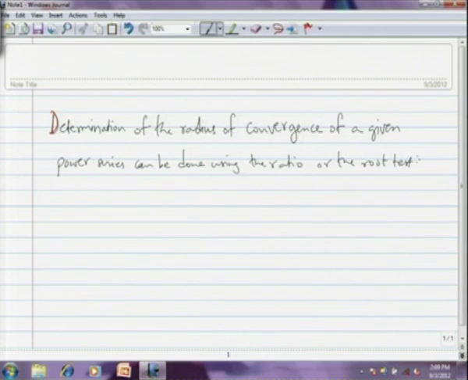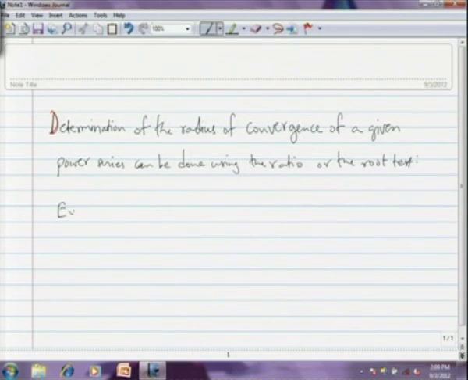So, those are two tests at least you can use to find the radius of convergence. And in case you are not able to determine the radius of convergence using these two, there is a Cauchy-Hadamard formula which I will show you in a moment. So, this you are aware.